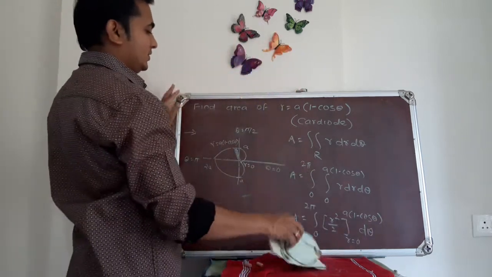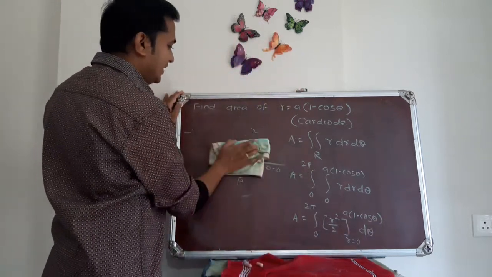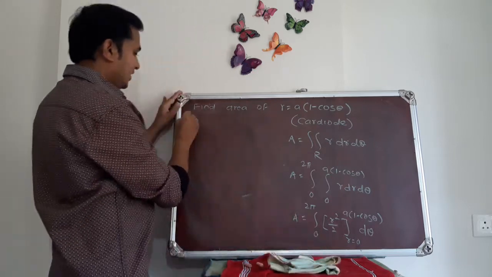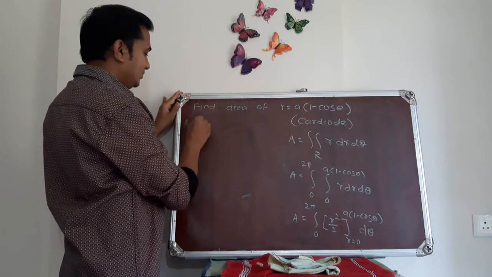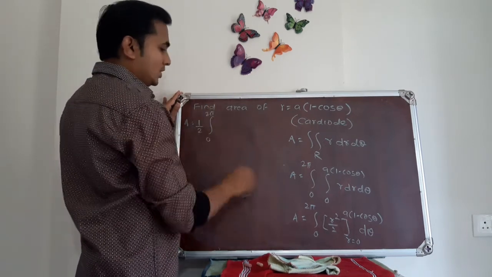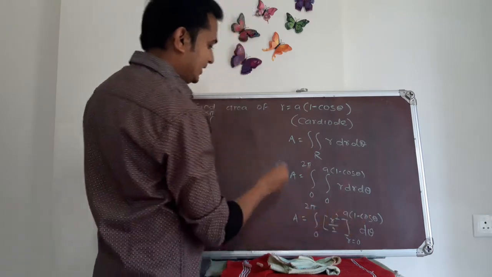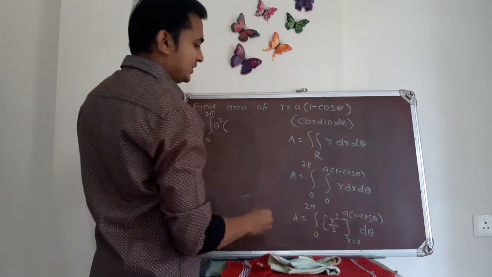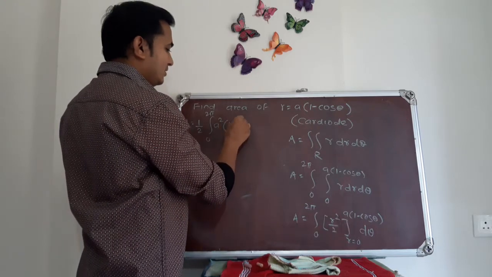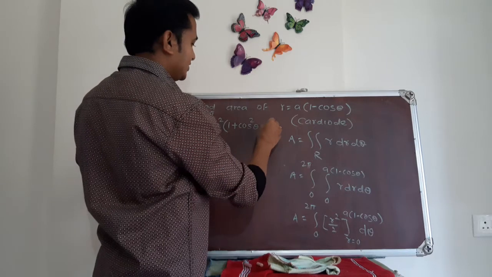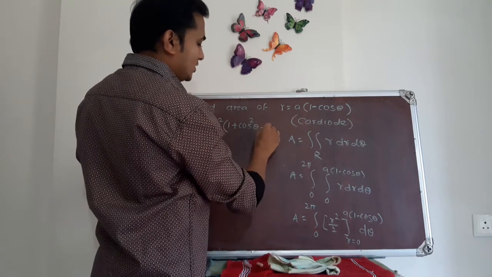Okay. So if you simplify this, what you will get is A equal to 1 by 2 integral 0 to 2 pi, r square, that is a square into the bracket 1 minus cos theta squared, that is 1 plus cos square theta minus 2 cos theta.